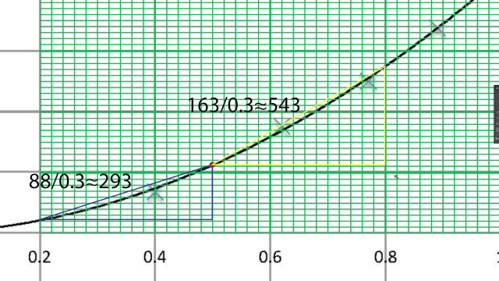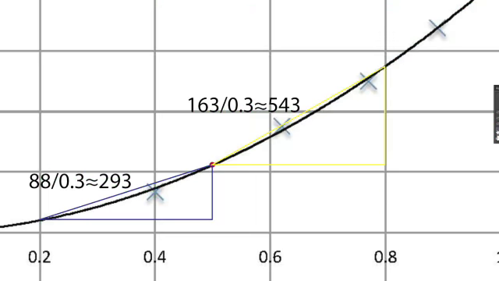We've got a rise on the yellow triangle of 163 and a run of 0.3, giving us a gradient of 543. And on the blue triangle, we have a rise of 88 and a run again of 0.3, and so we have a slope there of approximately 293.